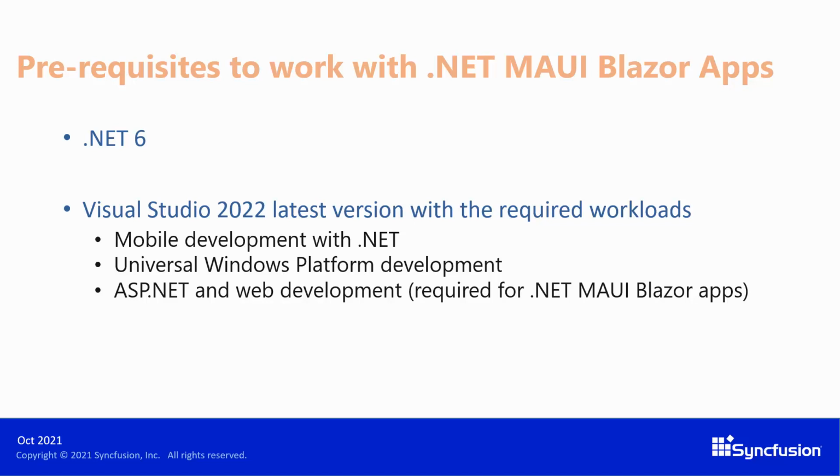Make sure you have installed Visual Studio along with these workloads: mobile development with .NET and UWP development. And specifically, if you want to work with .NET MAUI Blazor apps, you have to install the ASP.NET and web development workload as well. Make sure you have all these workloads installed on your development machine.